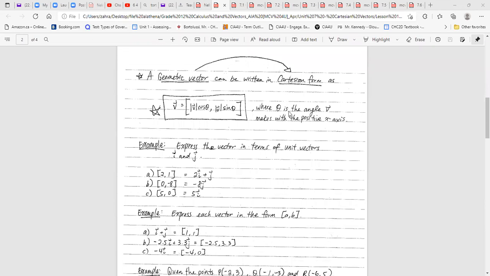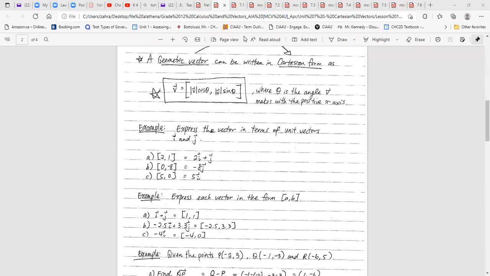Geometric vectors. Knowing that this is my vector V, making an angle theta, of course the y component is opposite.